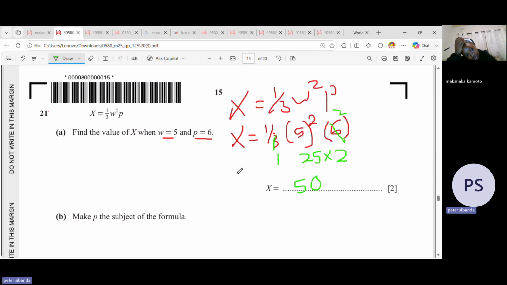Yes. But then, this topic is called change of subject of formula. So since it is change of subject of formula, we want to make that change. P shall be on the other side, but it has to be done following mathematically correct steps. And those are the ones that you're supposed to learn in this topic.